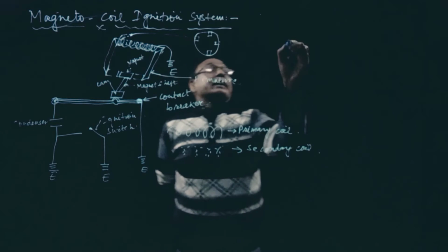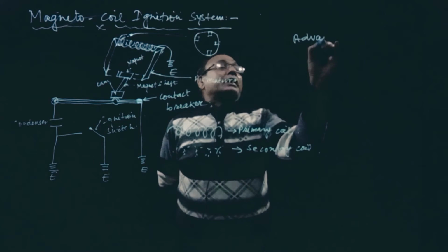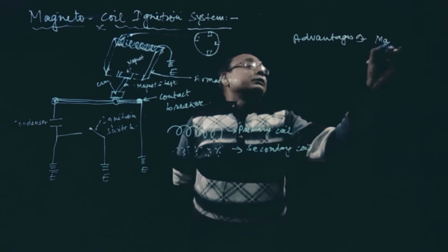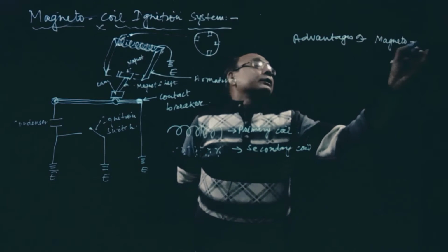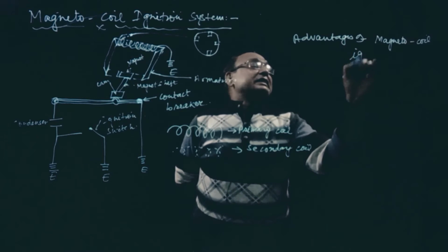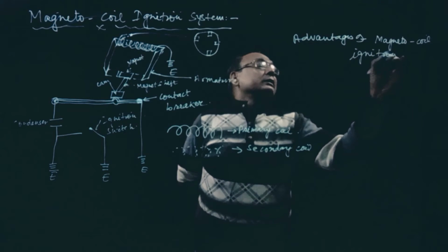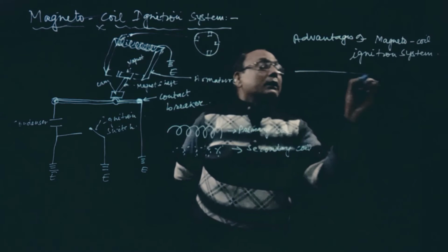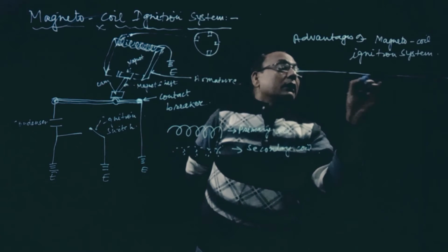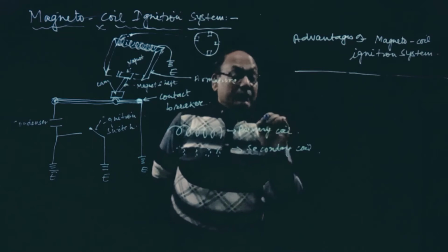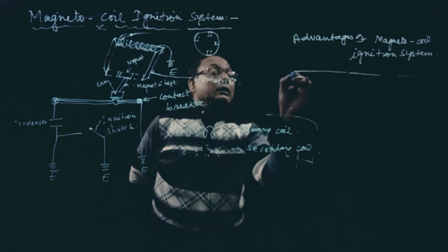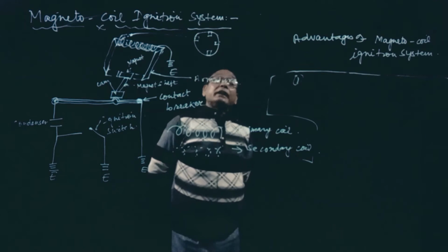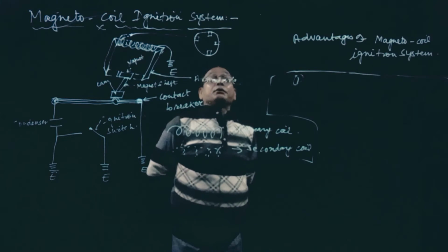Let us take up the advantages of magneto coil ignition system. The advantage of this one is that it solves the problems of battery coil ignition system.